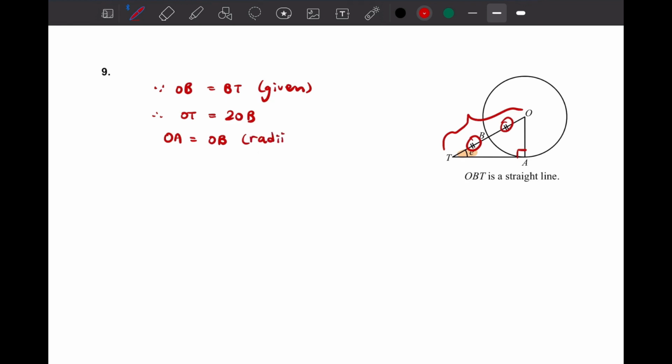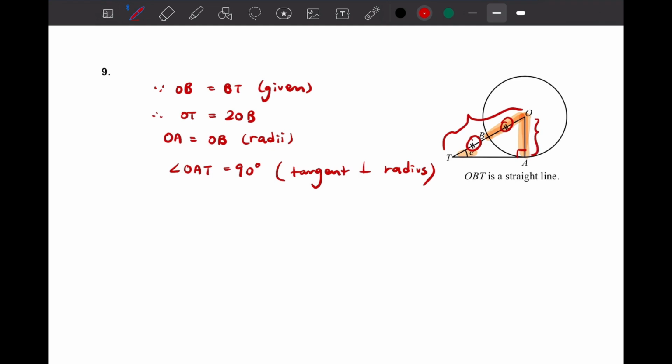Sorry, not given. They are radius. Okay, so always use the things you have. So these two are the same length. They are radius, and then OAT is equal to 90 degrees.